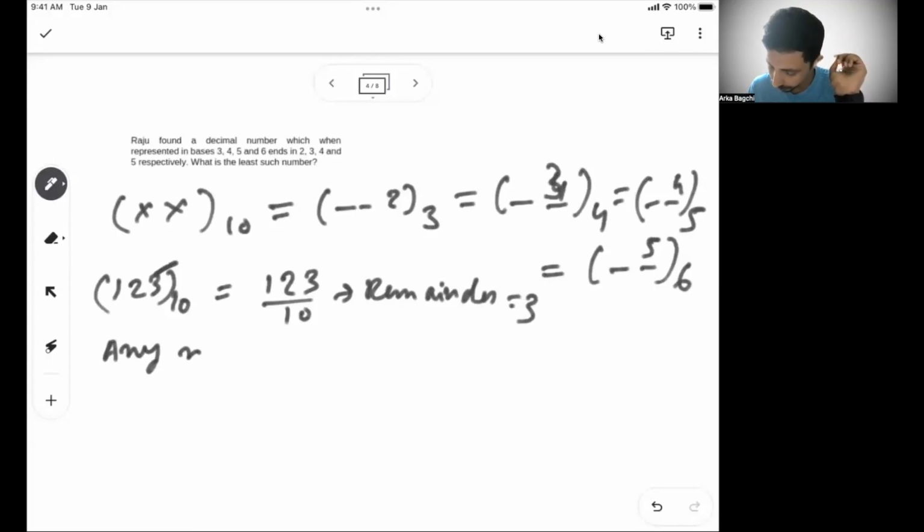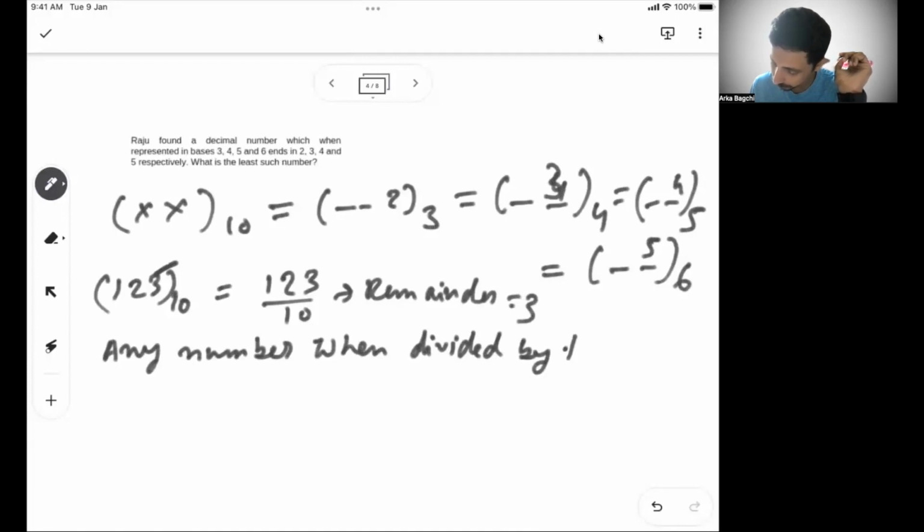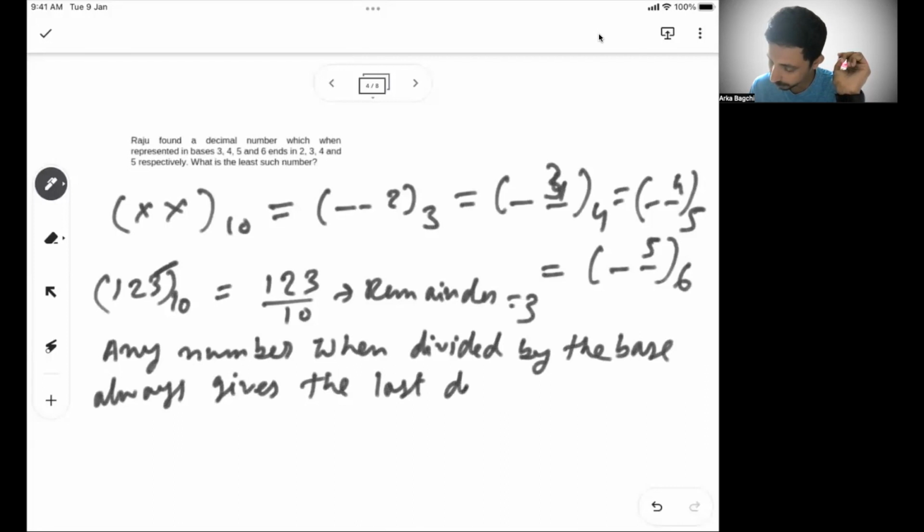Any number when divided by the base always gives the last digit as the remainder.